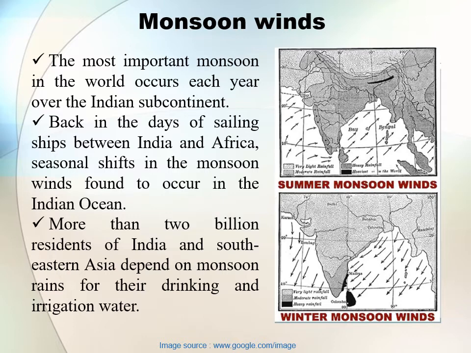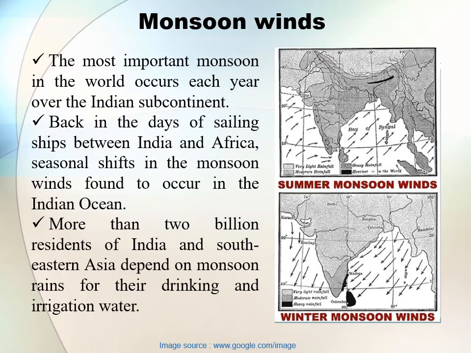When this ocean wind encroaches on the landmass, it carries lots of water vapor, and in suitable conditions it will pour rain over India, Bangladesh, Burma, in all these countries.